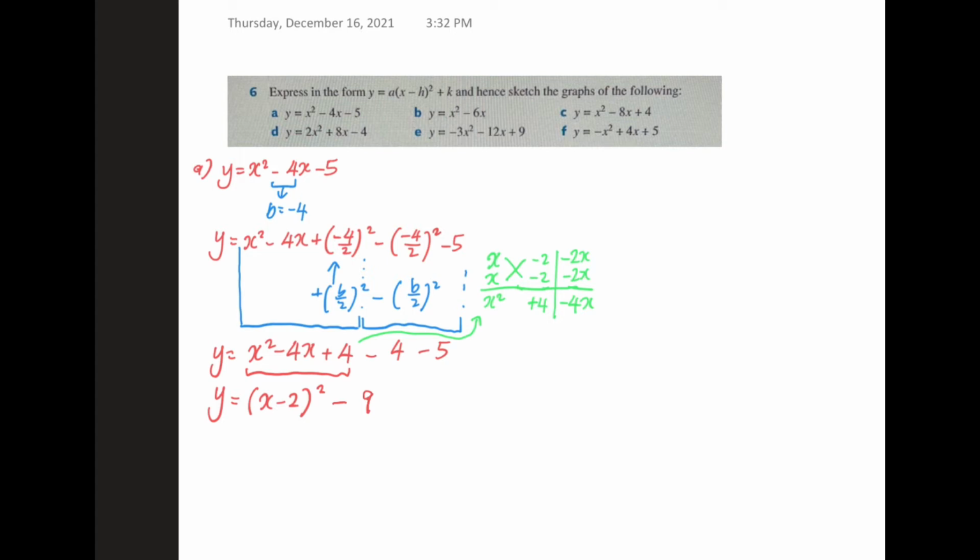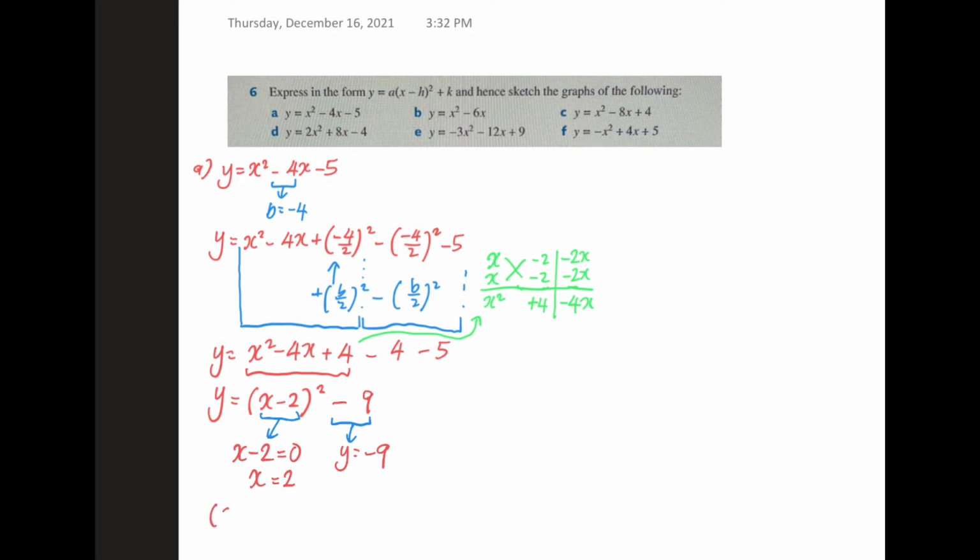After completing the square, we can find the stationary point, or the turning point, or the maximum or minimum point. The way to do it is, we take everything in the bracket: x minus 2 equals 0, then we get x equals 2. Then we take the constant and call it y equals minus 9.